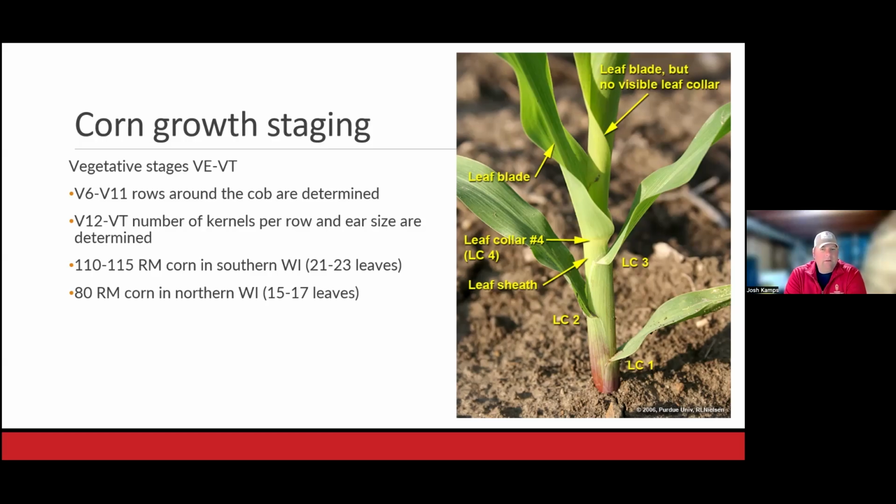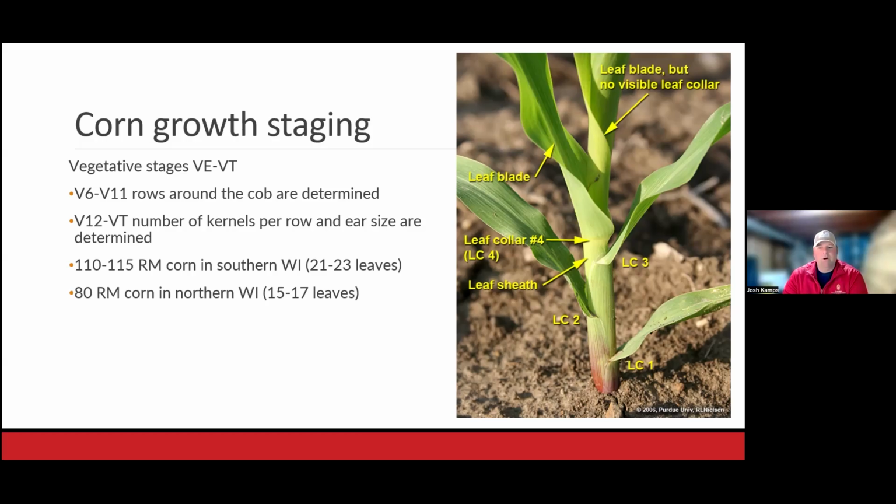So, for instance, maybe a 110 to 115 day relative maturity corn plant might have 21 to 23 leaves. Okay, so that'll actually have a V21, a V22, a V23, and then that VT is that final vegetative growth stage.